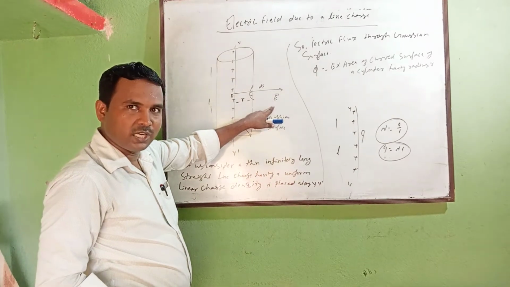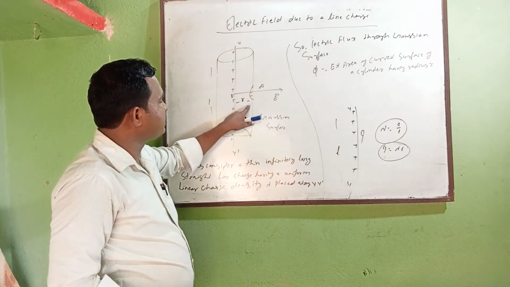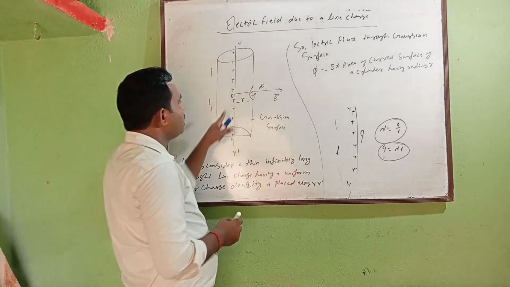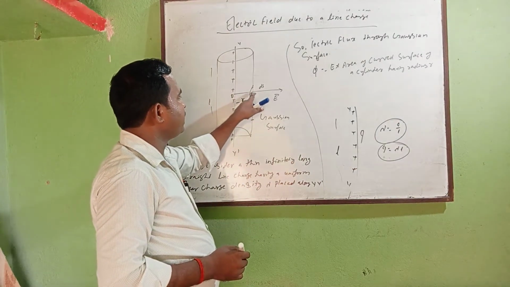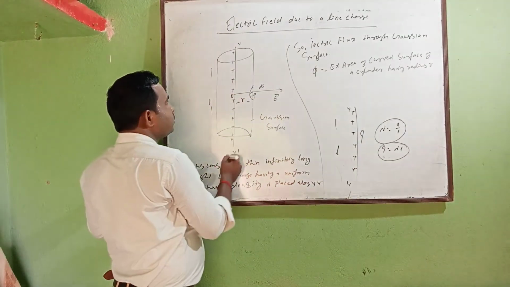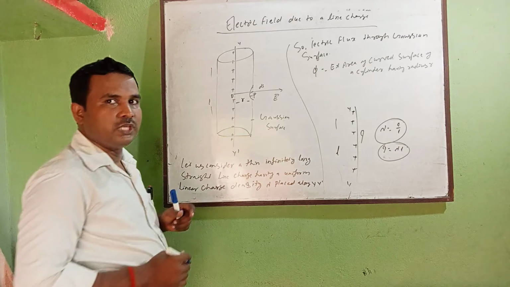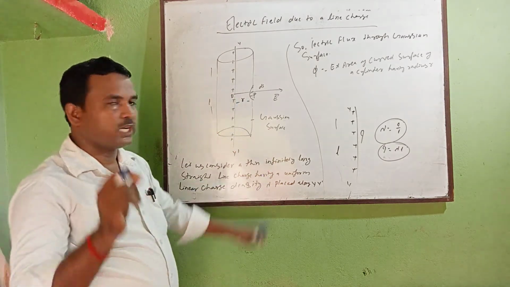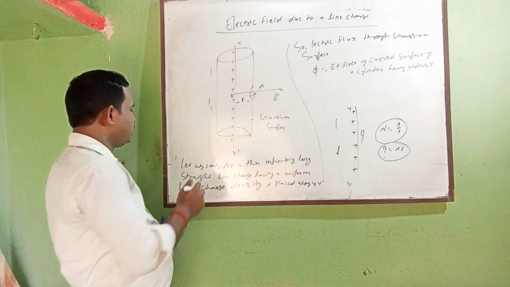R is the distance, suppose this is the point P, O to P is R, and ds is the elementary portion. We can find the electric field on this, but before that we have to find the elementary.